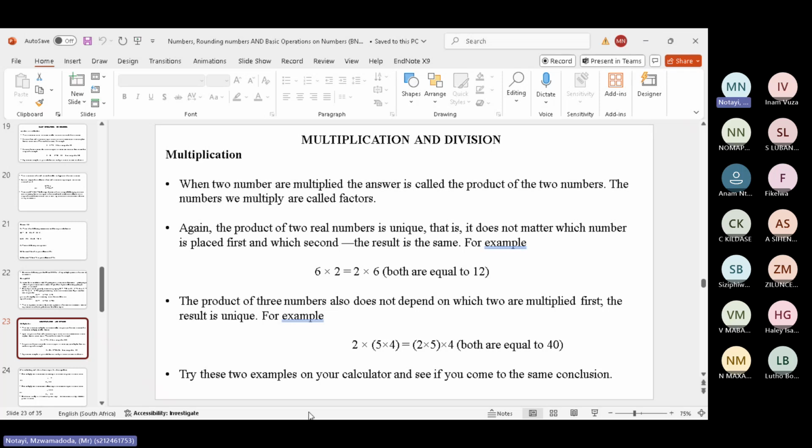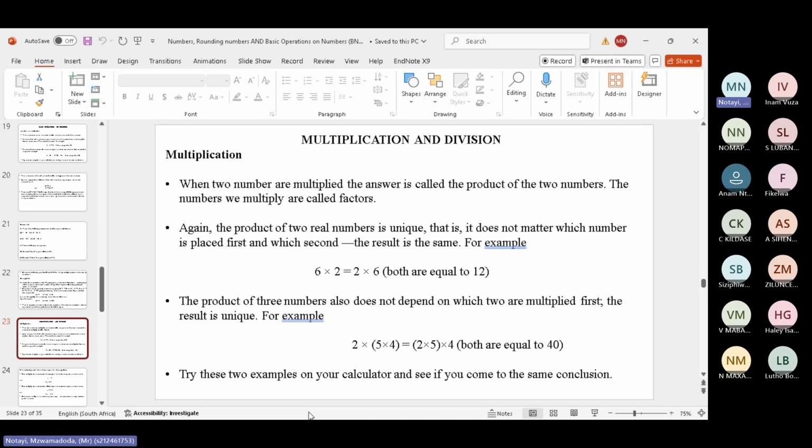Okay. So we said the product is also unique. The multiplication of two real numbers is unique as well. That means it doesn't matter which number is placed first. So we have 6 multiplied by 2 is the same as 2 multiplied by 6. Both of these give us 12. Also the product of three numbers does not depend on which two are multiplied first.